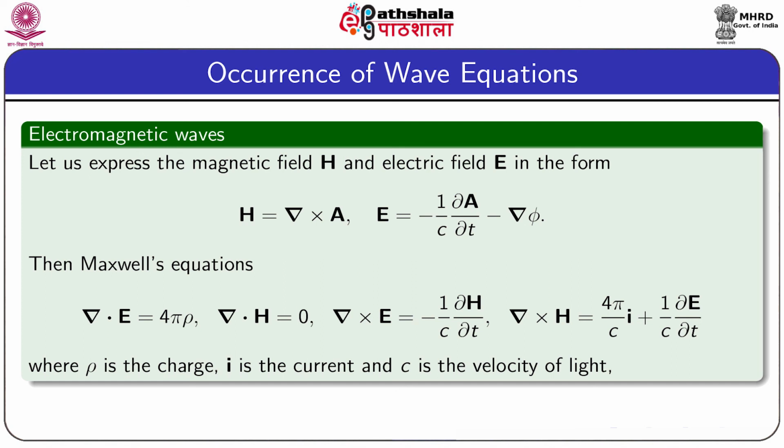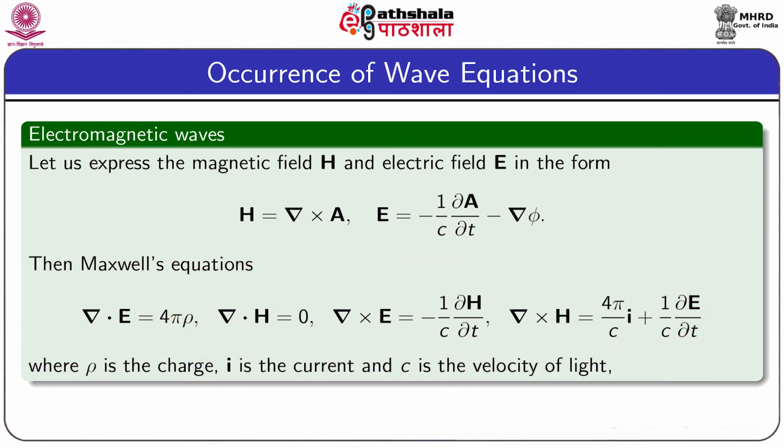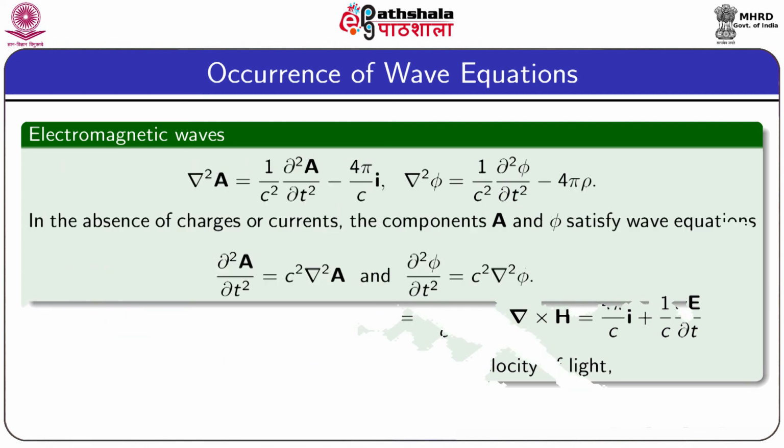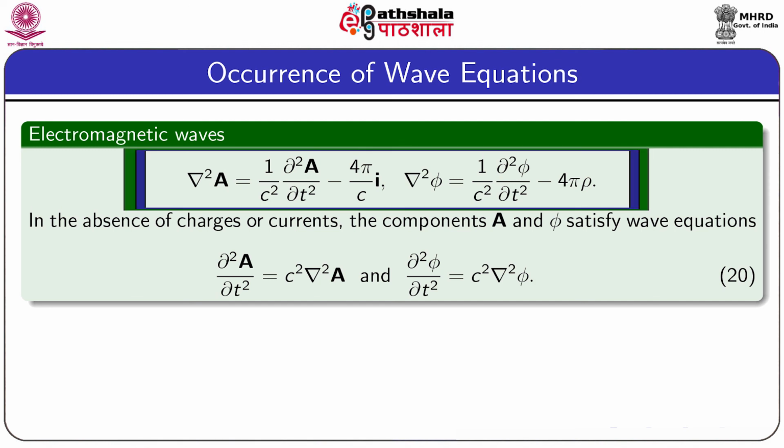Now, the Maxwell equations are given by these four equations which are written here, where rho is the charge, I is the current and c is the velocity of light. Now, if we substitute the expressions written in the first line for H and E, then we obtain the equations for the vector capital A and the scalar phi, as you can see in the slide.